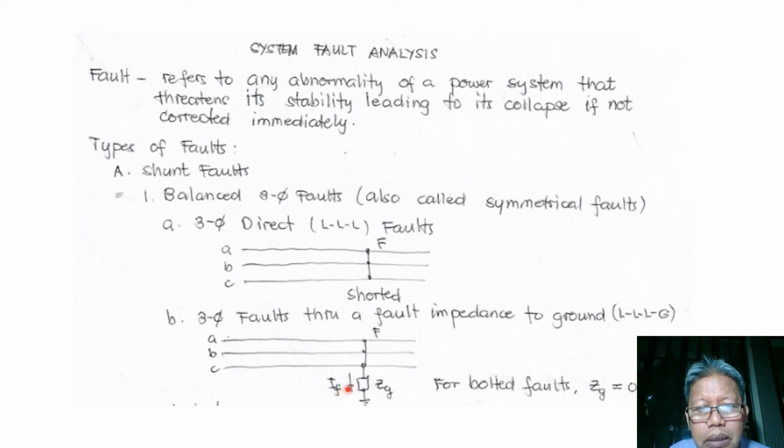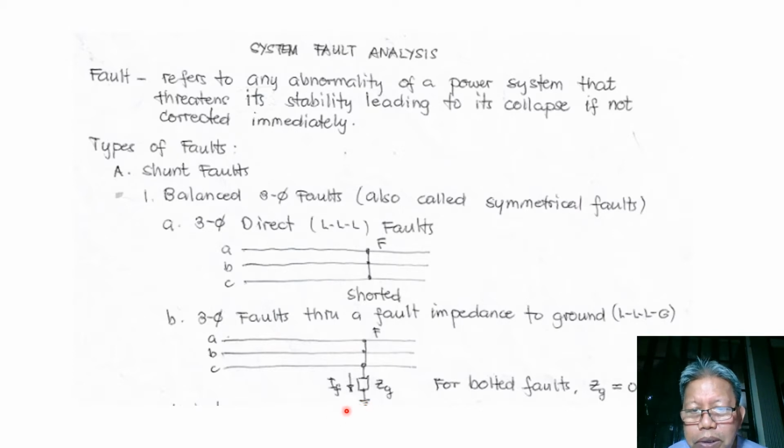The other type of balanced three-phase fault is when these three conductors are shorted and then further grounded through an impedance Zf. So we represent the grounding impedance as Zf, wherein our fault current can flow from the faulted point towards the ground.